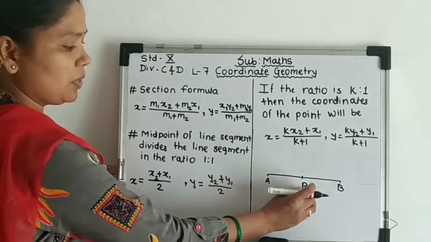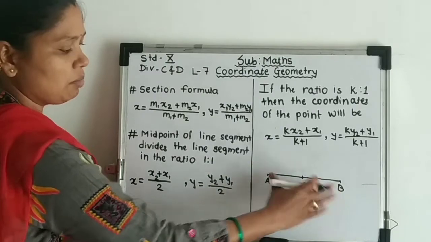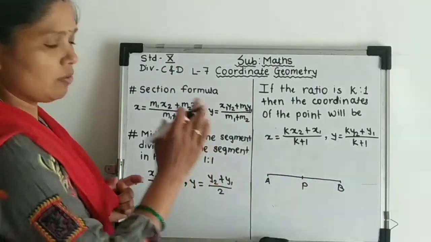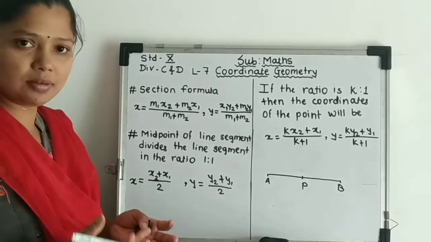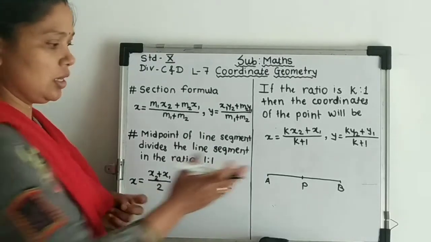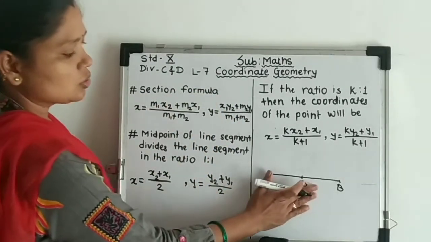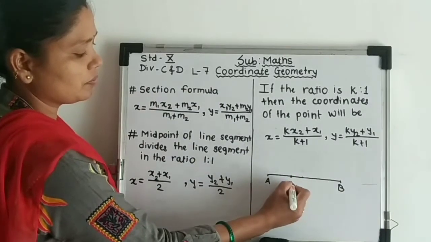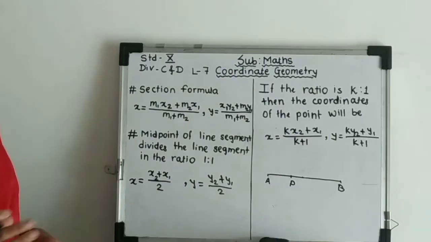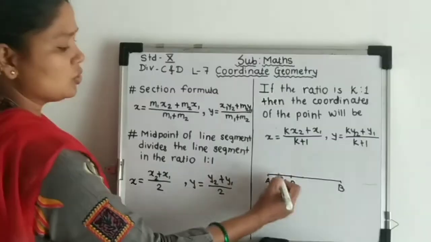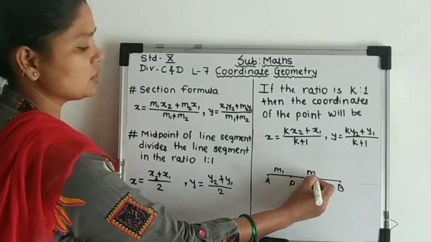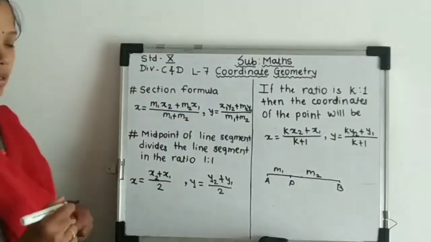Because of this point P, the segment AB has been divided into two parts. I don't know whether it is two equal parts or unequal parts; it depends on the ratio. So I'll write P slightly on this side, two unequal parts, where this part is m1 and this is m2, right?